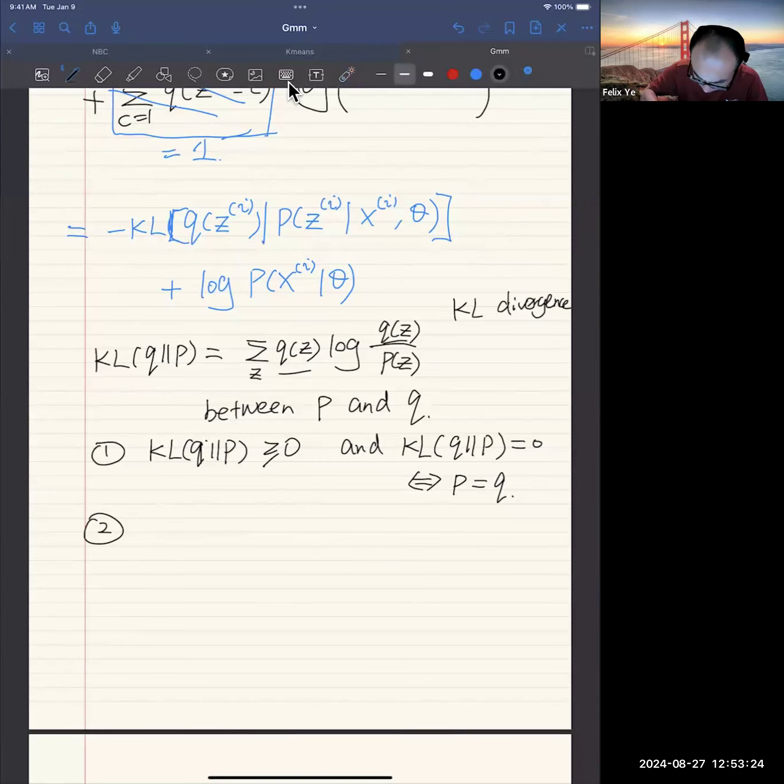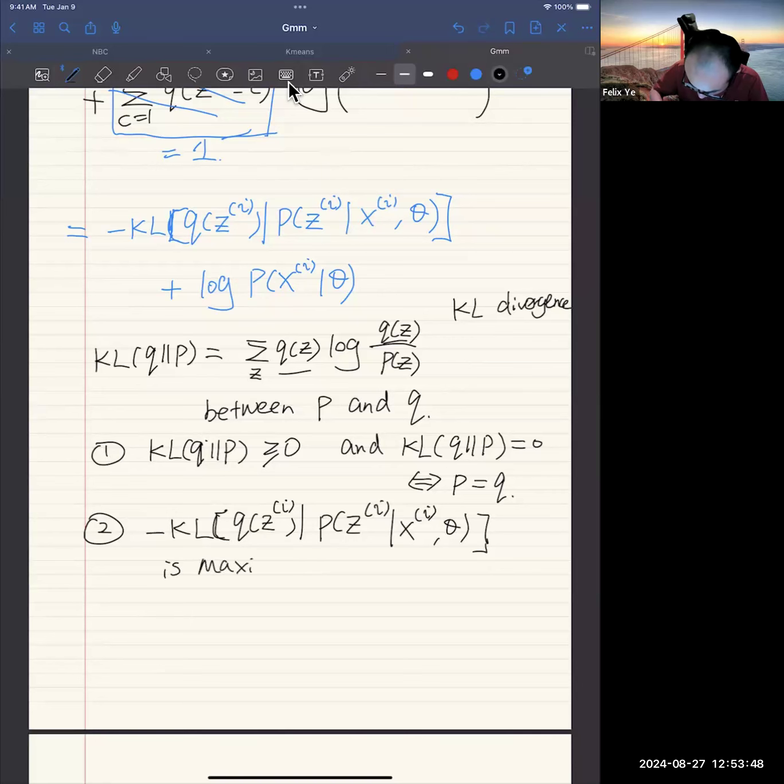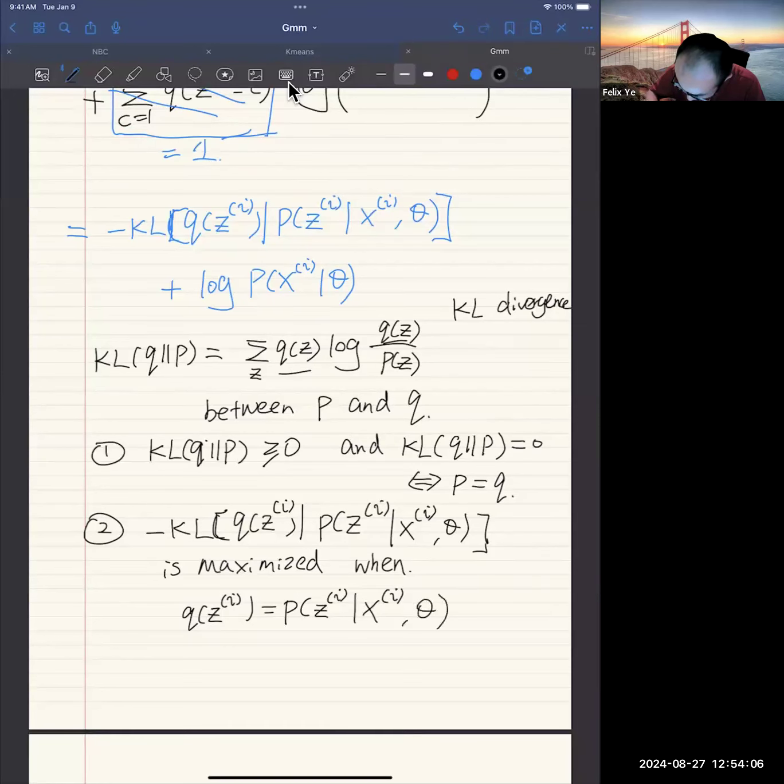In particular, this term is maximized when we set q(z_i) equal to p(z_i) conditional on x_i and theta.